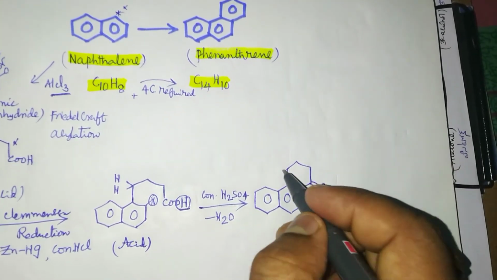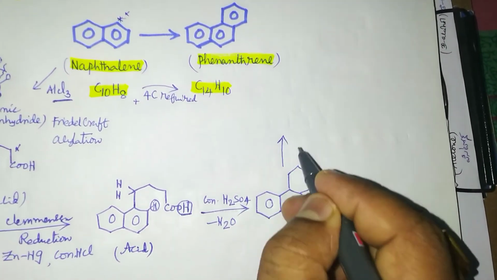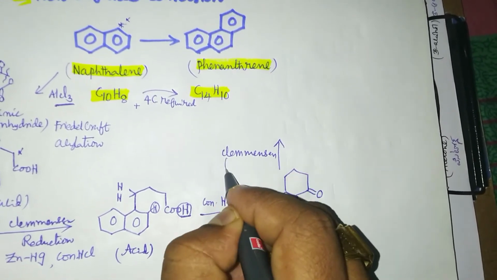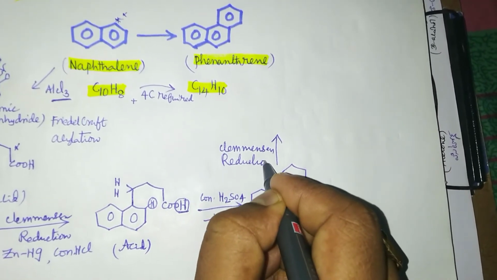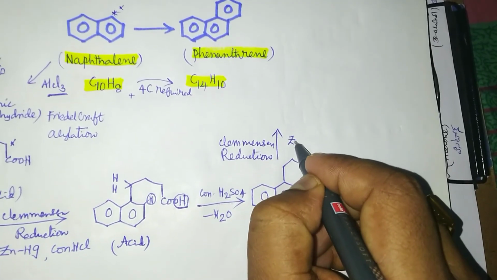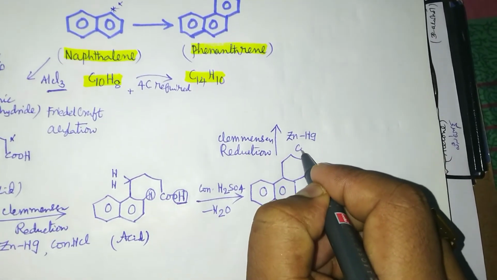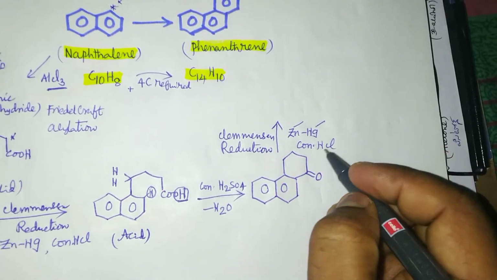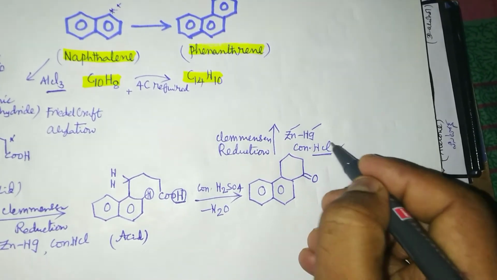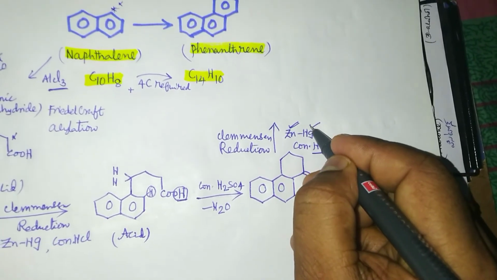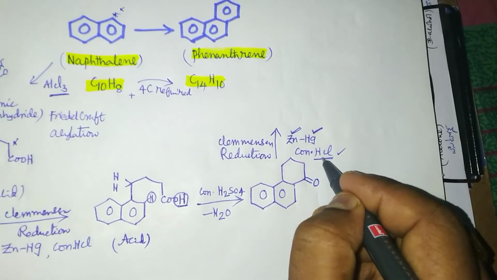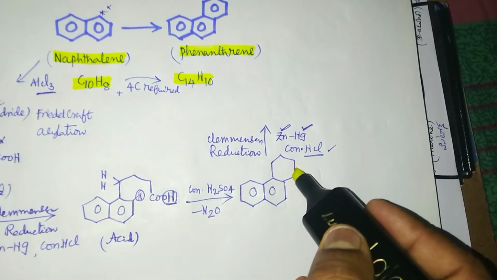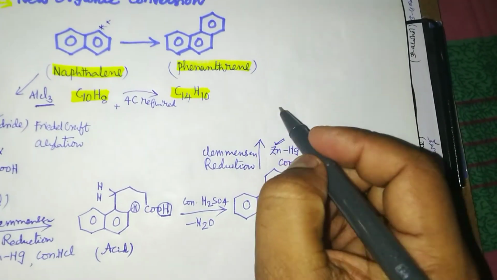This cyclic keto compound further undergoes a Clemmensen reduction again, in the presence of zinc amalgam and concentrated HCl. Here zinc is the electron source, Hg is the support, and concentrated HCl is the proton source. Again this CO group converts into a CH2 group.